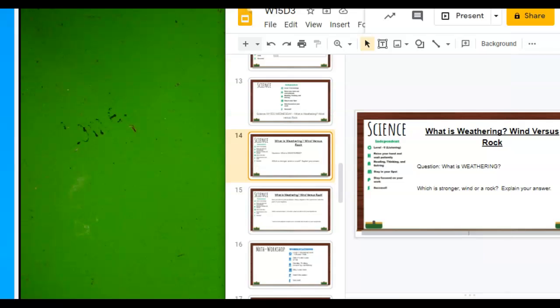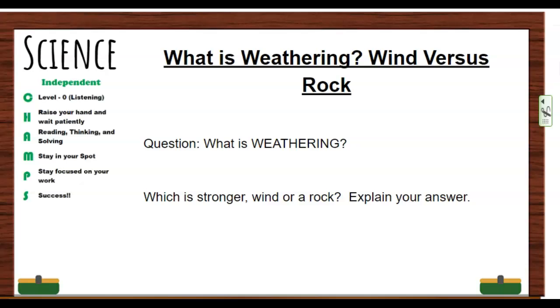What is weathering is kind of the big question here, right? It's asking you which is stronger, wind or a rock. So which one do you think is stronger, wind or a rock?